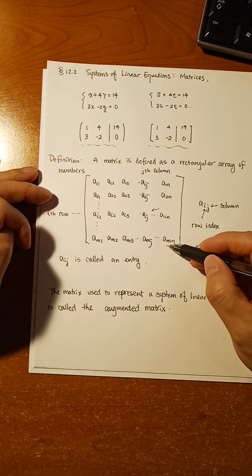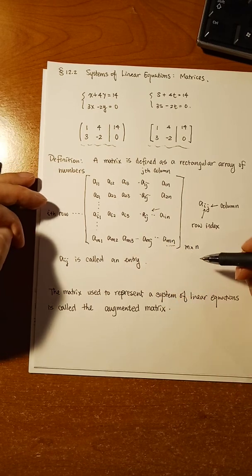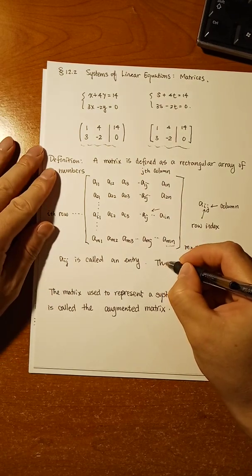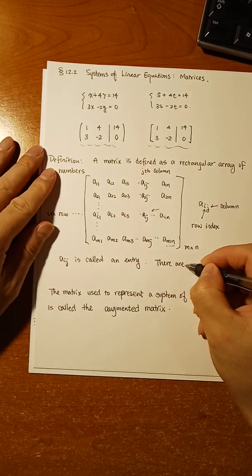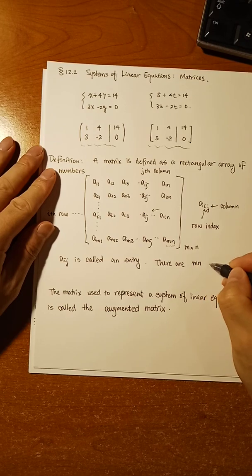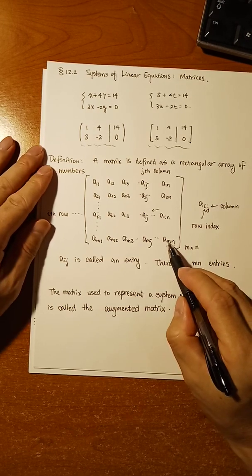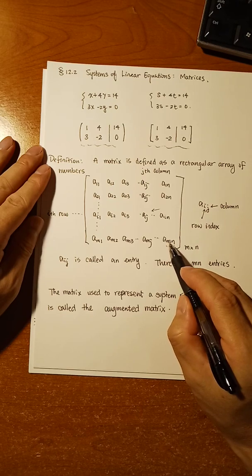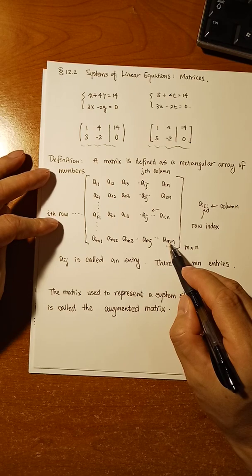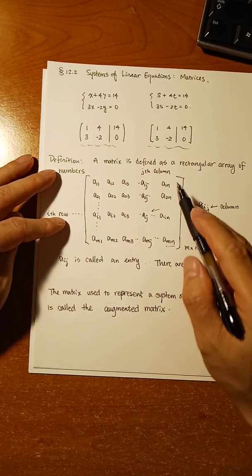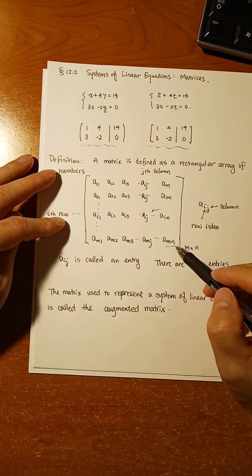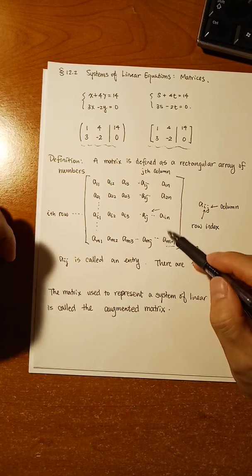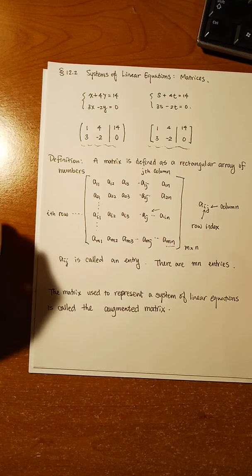There are m times n entries. Here, this a_mn does not mean m times n. It means m is the mth row, n means the nth column.